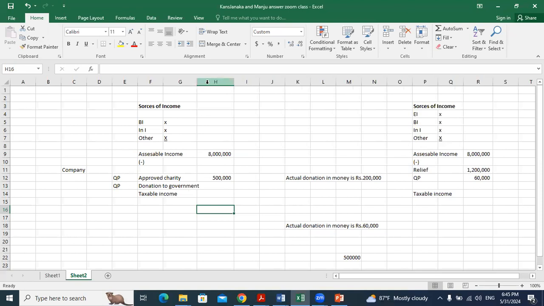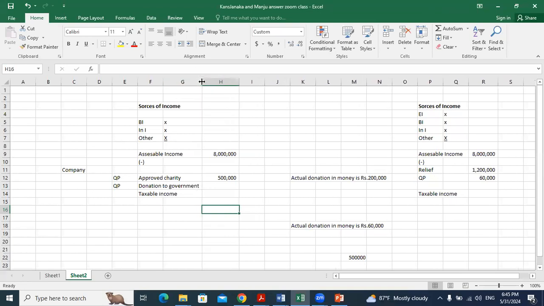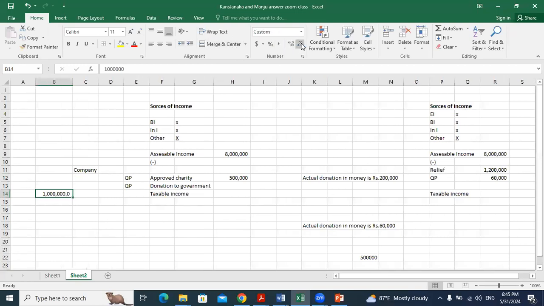So how much could be claimed? Let's say a massive amount has been donated by a company. There could be a genuine reason, or some political reason. Let's say the donation is something like 10 million.